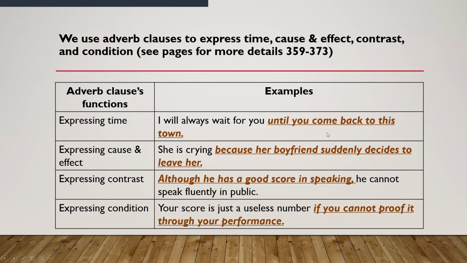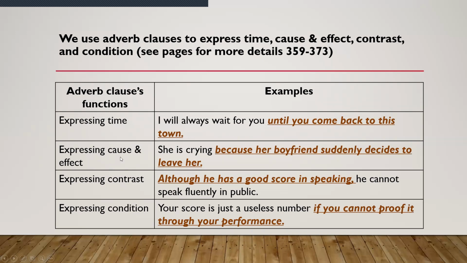Like the first one, expressing time: I will always wait for you until you come back to this town. This clause, until you come back to this town, is an adverb clause because it explains the verb wait. So here it explains until when he will wait, until you come back to this town.